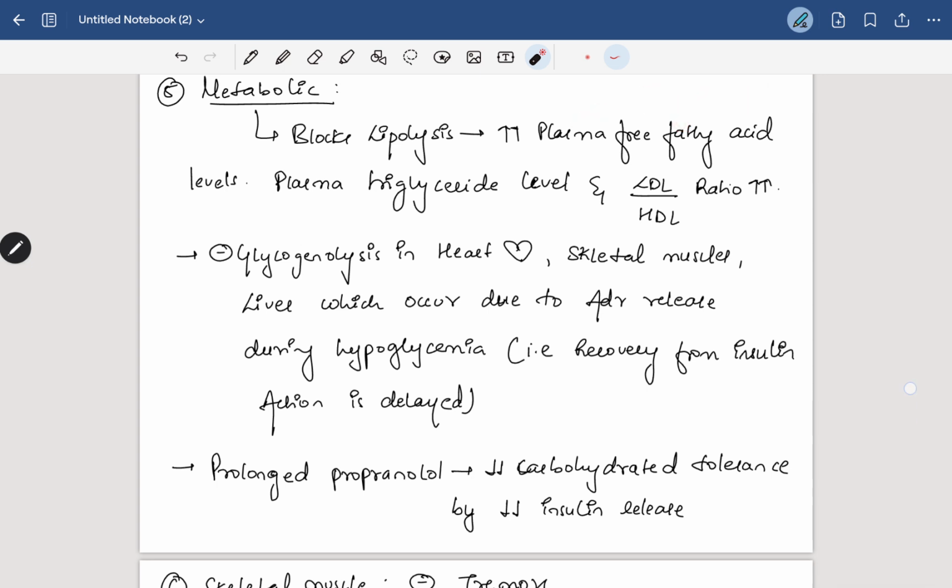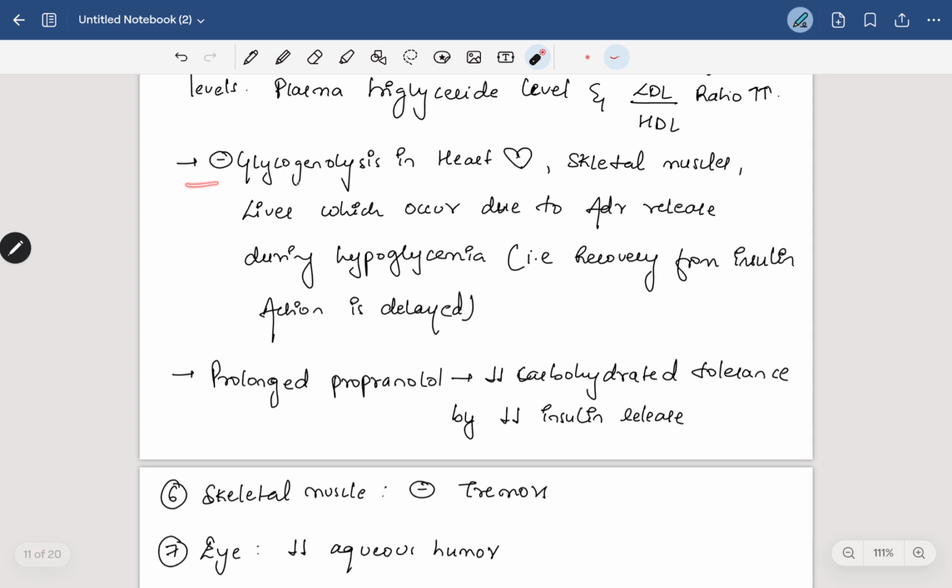And then it also inhibits glycogenolysis in the heart. Look at this, glycogenolysis. What does glycogenolysis mean? Glycogen you can see here, and lysis means breakdown. So breakdown of glycogen is not taking place in the heart, in skeletal muscle, in liver, which usually occurs due to adrenaline release during hypoglycemia.